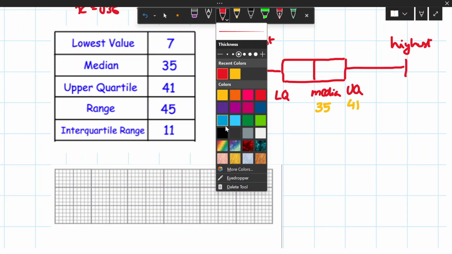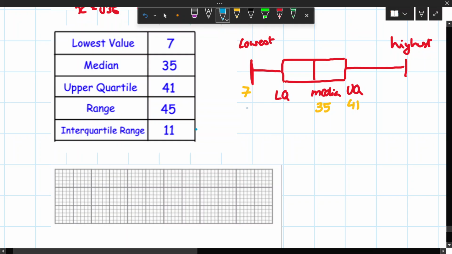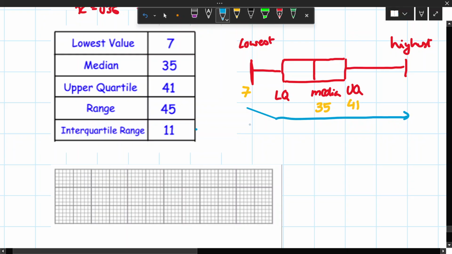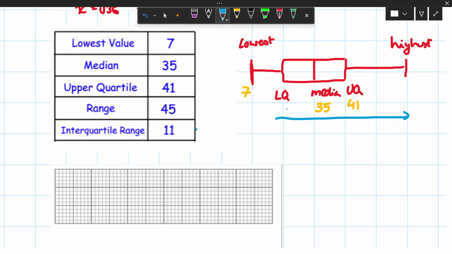That means from my smallest value to the biggest value, that distance is 45. So I know that from 7 I need to go up by 45, and that would take me to 52, which is my highest value.